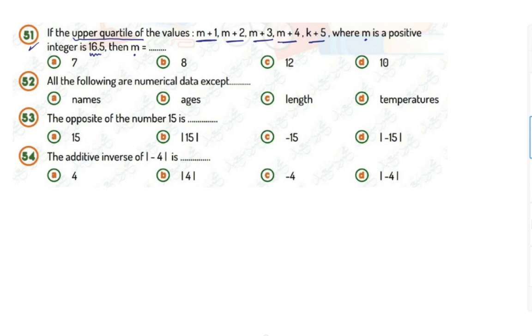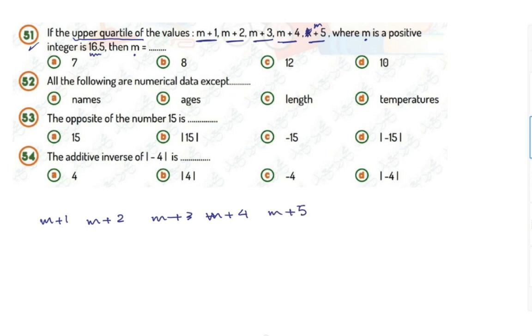So write with me these values. Of course this k is just m plus 5. So I have 5 values. Write it ascendingly: m plus 1, m plus 2, m plus 3, m plus 4 and m plus 5.